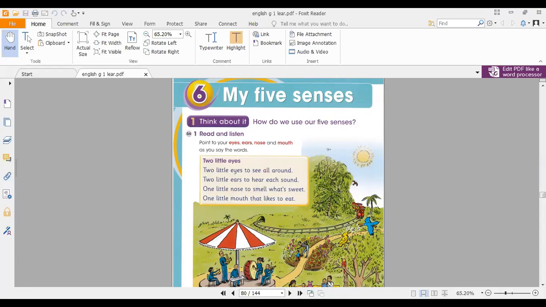And in the end, one little mouth that likes to eat. Okay, listen to the track carefully and then we are going to move further. When I play the track, you should listen carefully and point to your eyes, ears, nose, and mouth. Track 54.